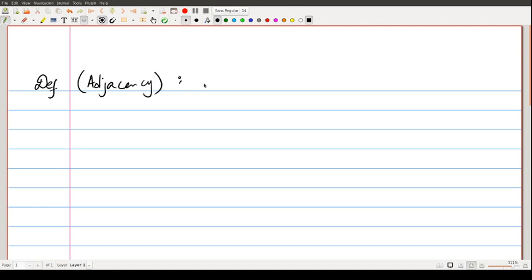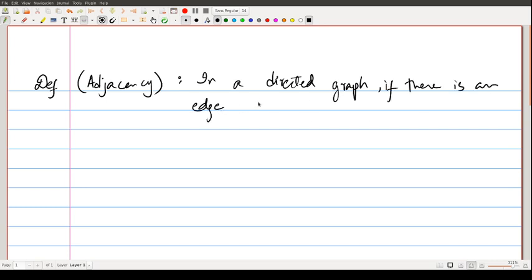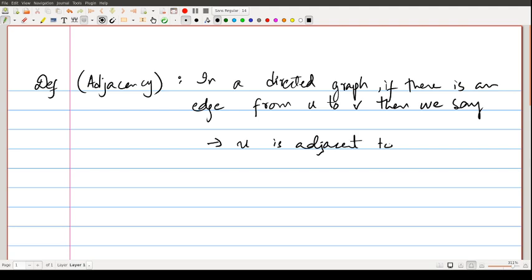In a directed graph, if there is an edge from vertex u to vertex v, then firstly we say u is adjacent to v.